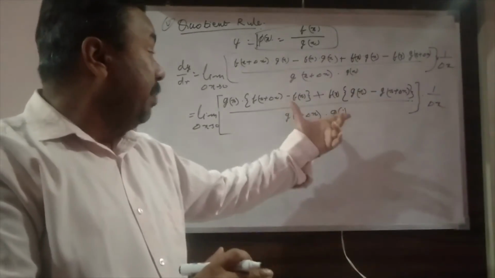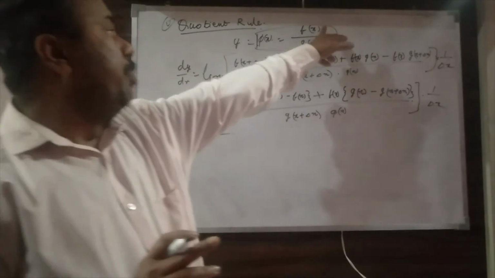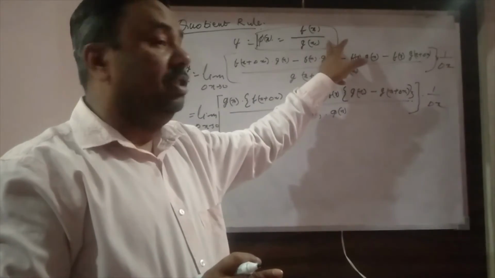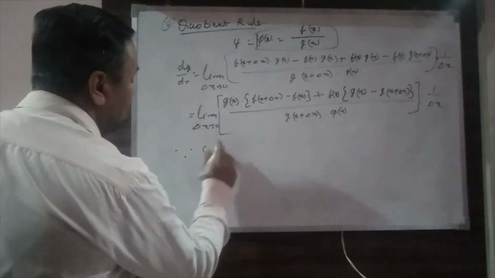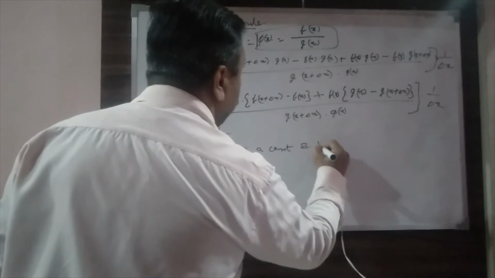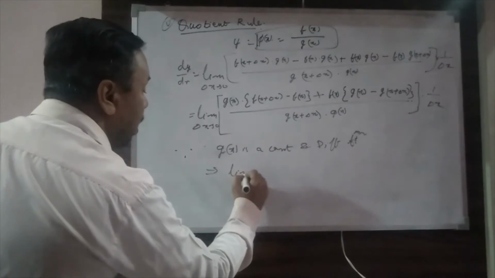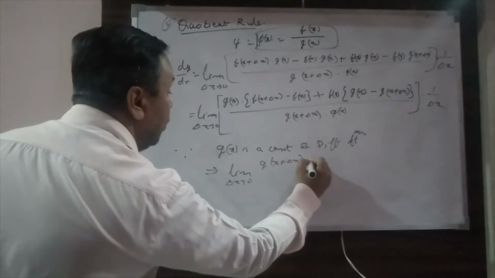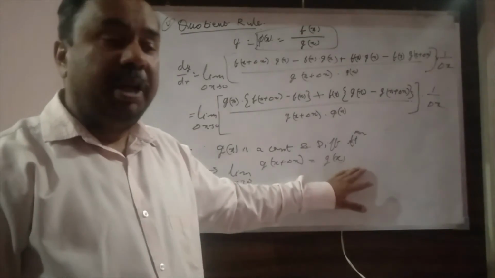Now my next step will be, again, as I have assumed that both f(x) and g(x) are continuous and differentiable functions, since g(x) is a continuous as well as a differentiable function, that means limit delta x tending towards 0, g(x plus delta x) will be just g(x).